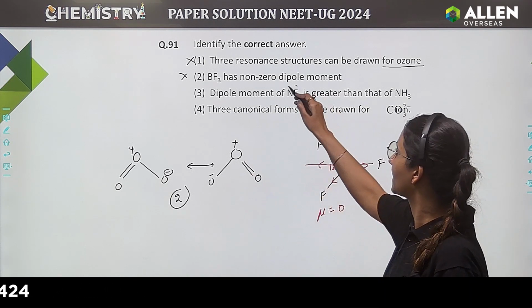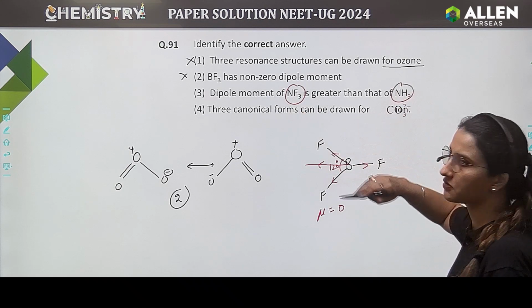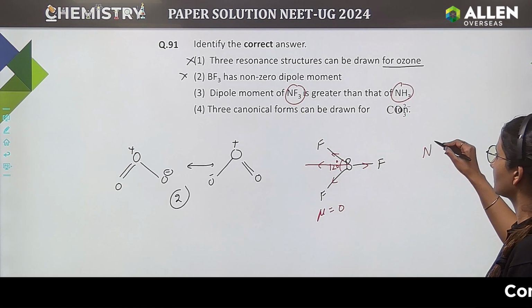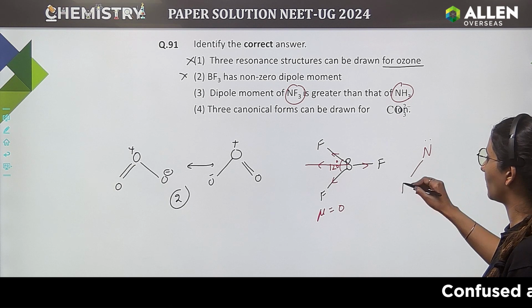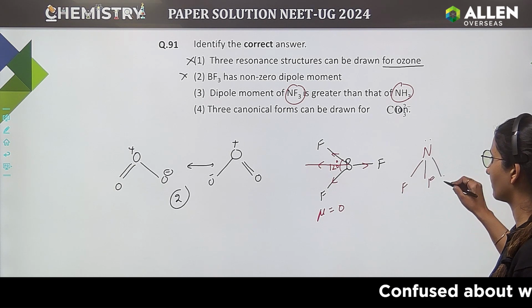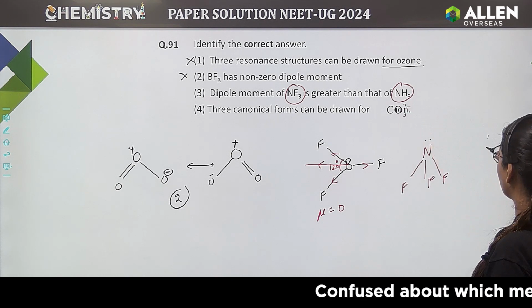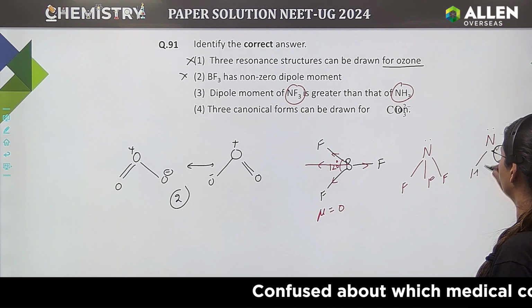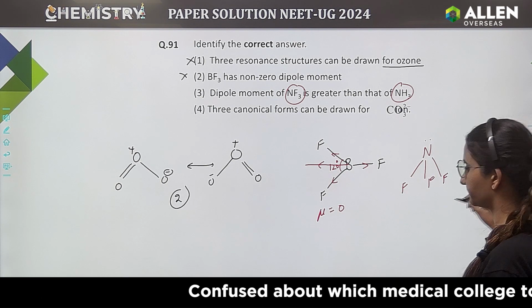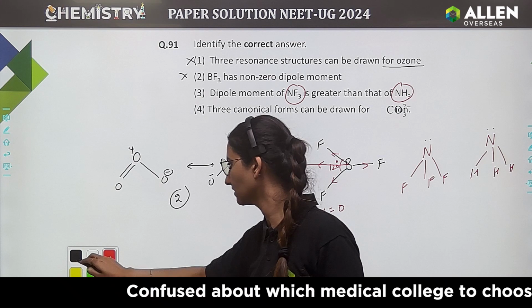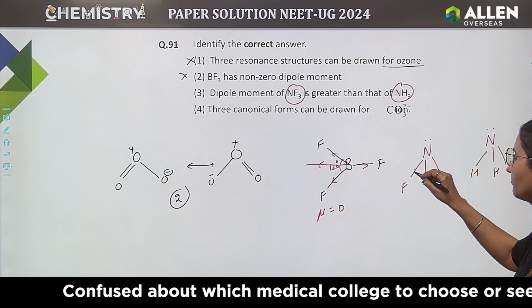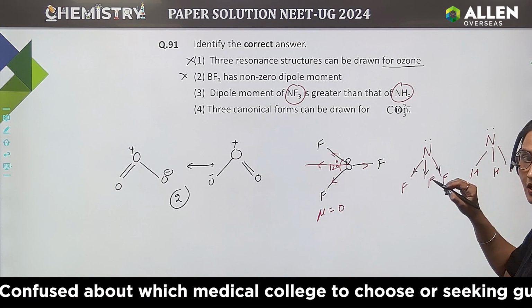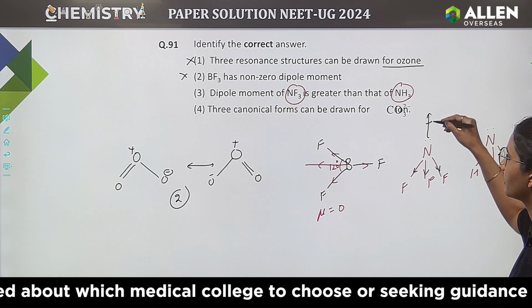Next, dipole moment of NF3 greater than NH3. Let's check. Students, in NF3 it has 1 lone pair and 3 F. In NH3 it has 1 lone pair and 3 H. Correct? So see, dipole moment of the NF bond is in the downward direction. Lone pair movement is in the opposite direction.